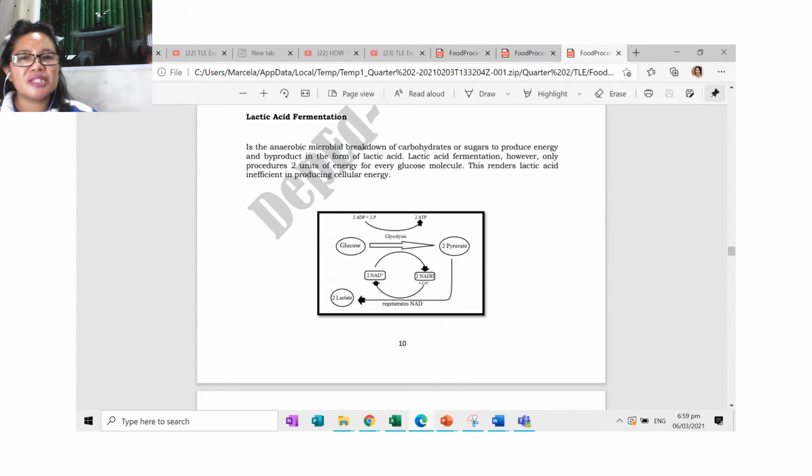Lactic acid fermentation, however, only produces 2 units of energy for every glucose molecule. So this renders lactic acid fermentation inefficient in producing cellular energy. Okay, so this is the illustration.